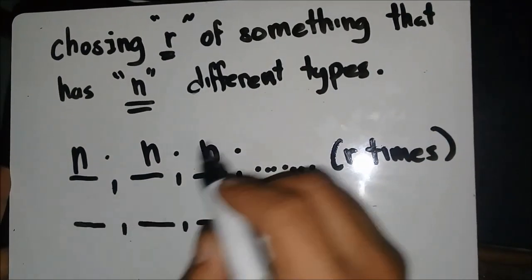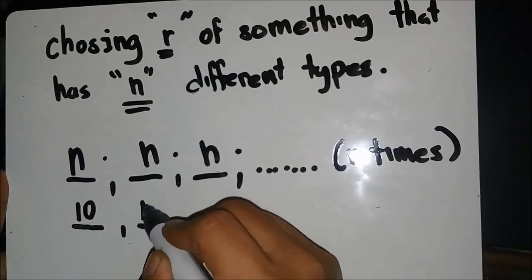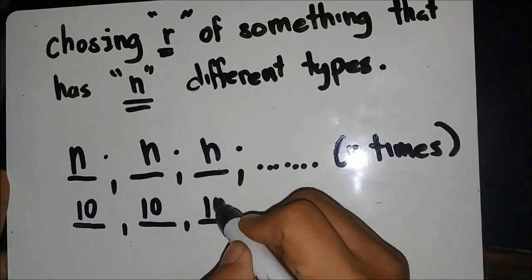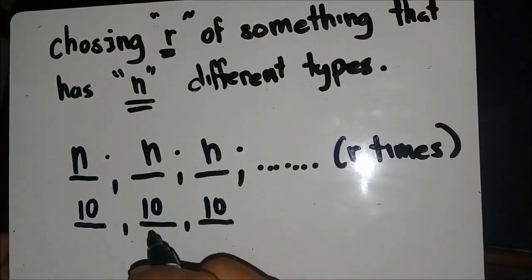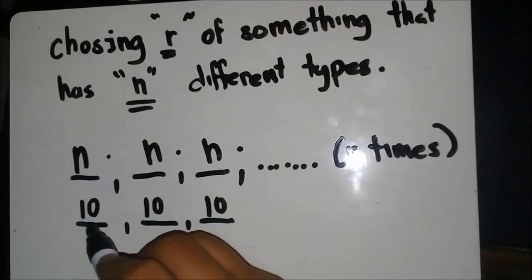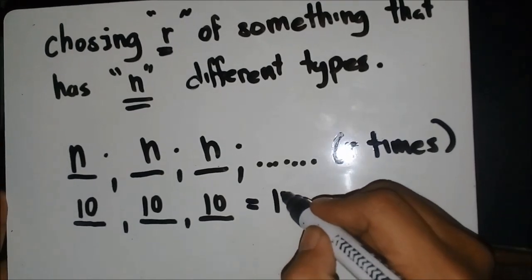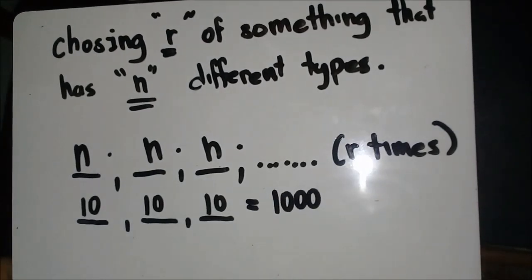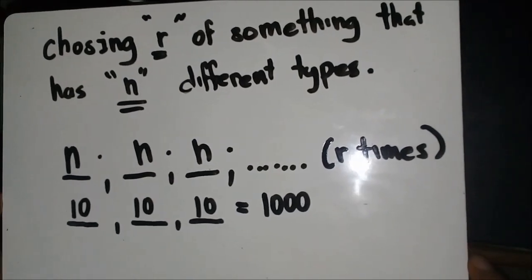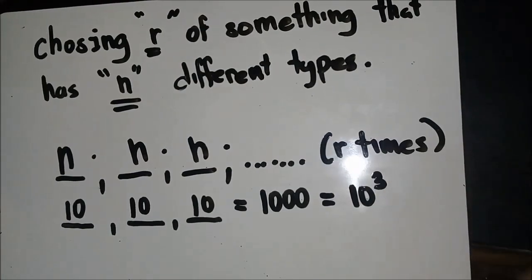So here we have 10 choices, another 10 choices, and another 10 choices for the third slot. Every time we have n different choices. In short, we multiply 10 times 10 times 10, which is equal to 1,000 possibilities. Simplified, 1,000 is equal to 10 cubed.